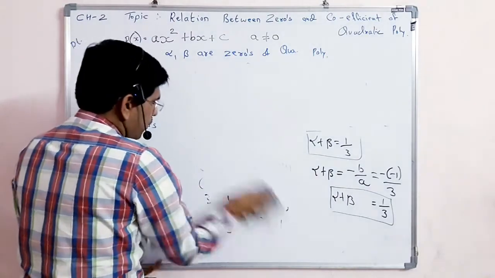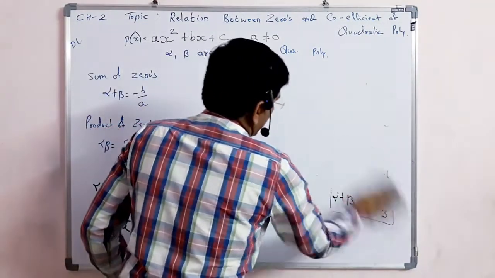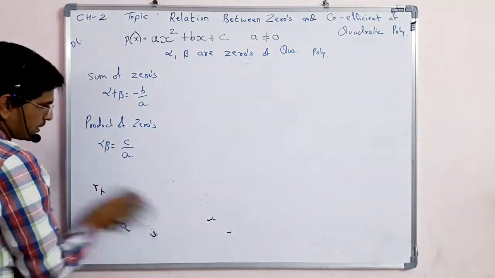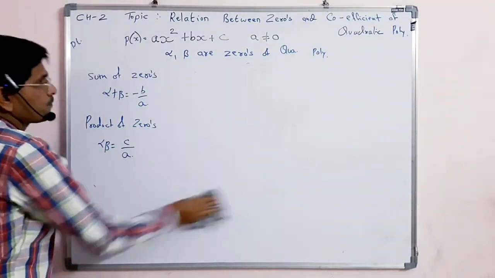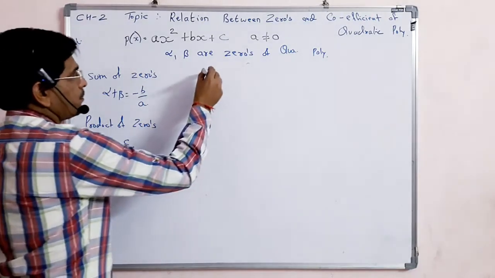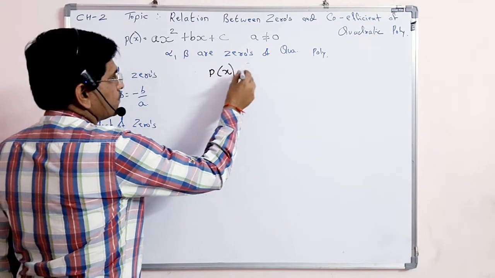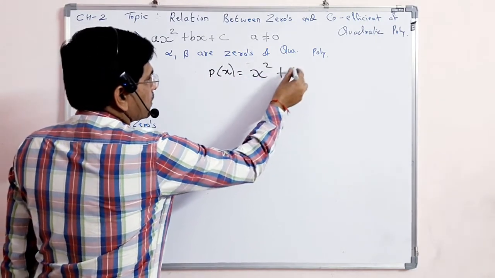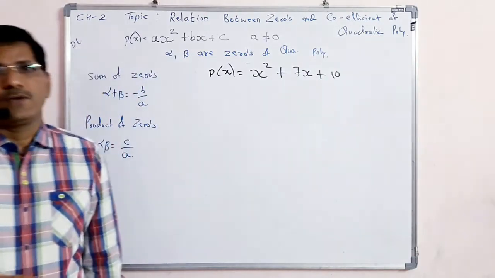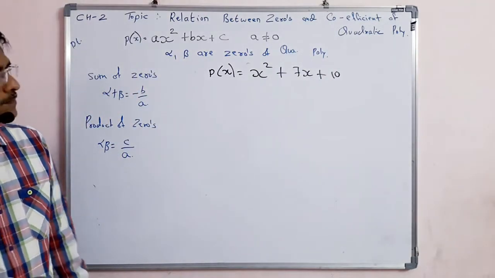So again, one more example that I have to write here, and again we have to verify whether it is correct or not. An example is p of x is equal to x square plus 7x plus 10. It's an example from the standard textbook.